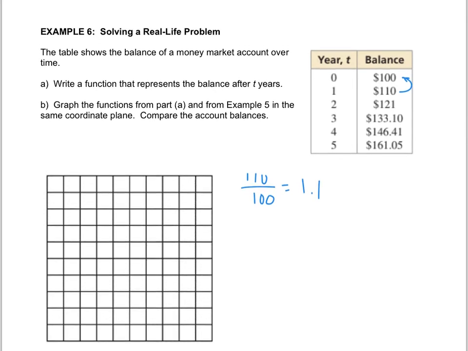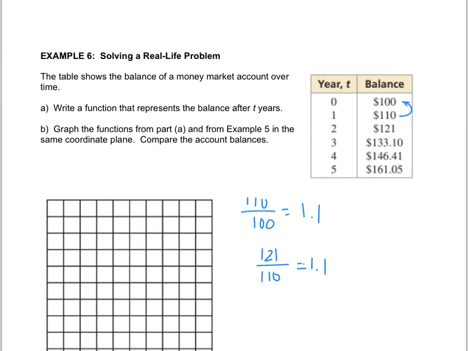And then you can just confirm with another point, right? Do 121 divided by 110, and you get 1.1, so you can double check that it is 1.1. So that's the growth factor, which means it's going up by 10% every time. So that would be y equals 100, because that's the initial amount, times 1.1 to the t.